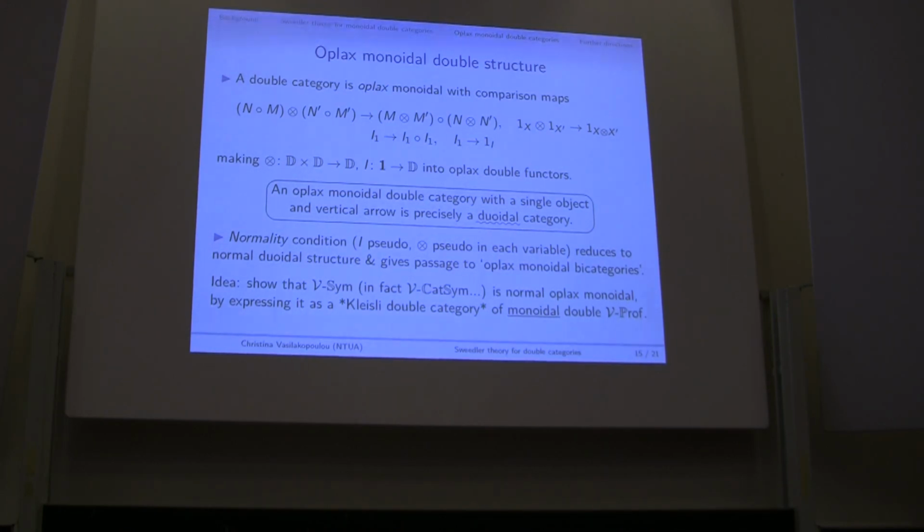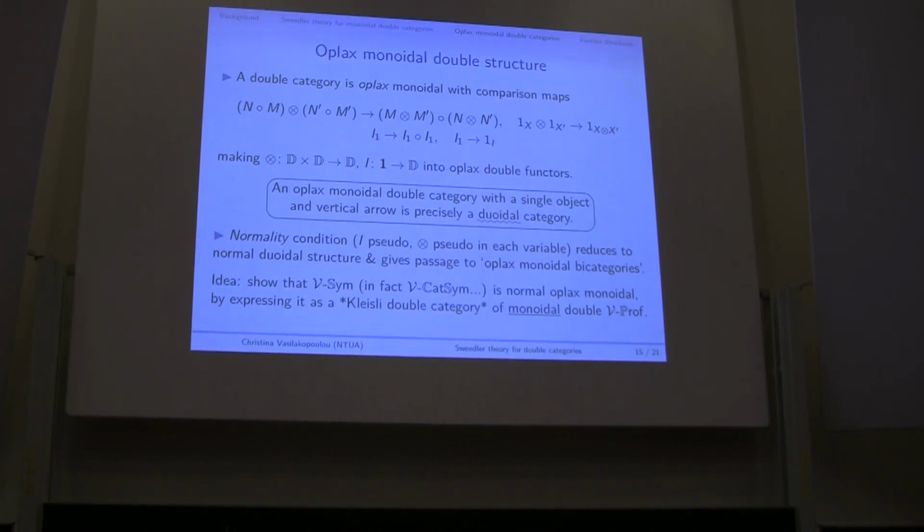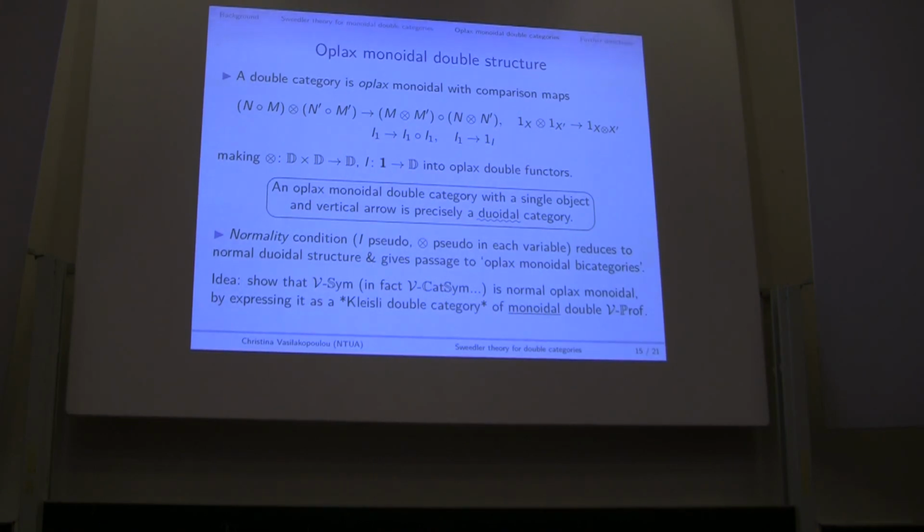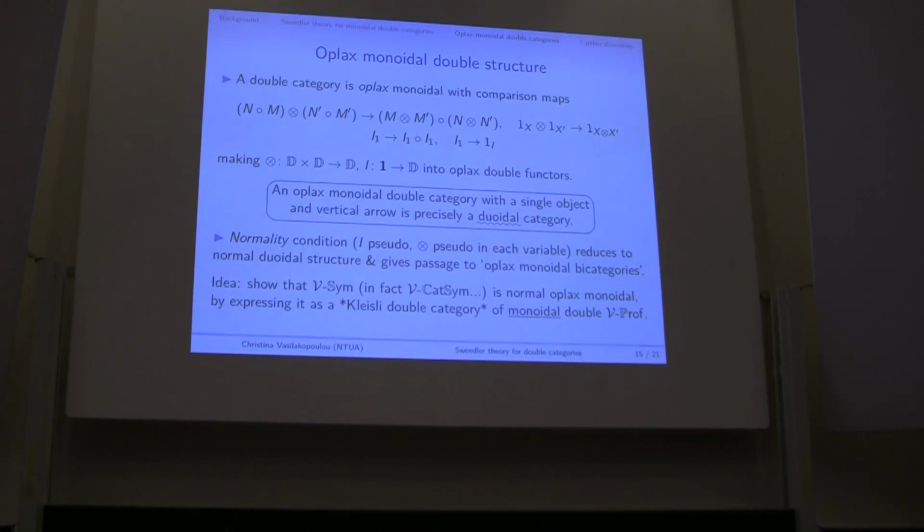But the idea here is, start from a monoidal double category. We know them, we prefer them. They give us monoidal bicategories if we have some extra assumptions. Start with a monoidal double category and take a monad, in this case the free symmetric strict monoidal monad I talked about earlier a little bit, and find a monad which has a couple of pieces of structure.